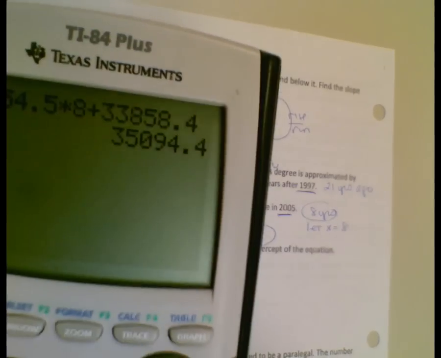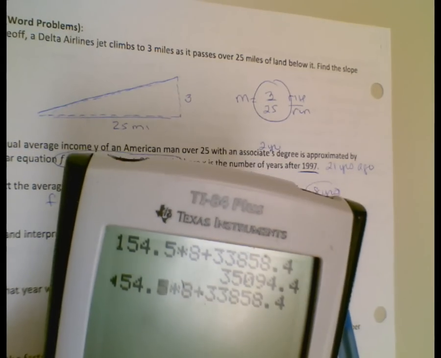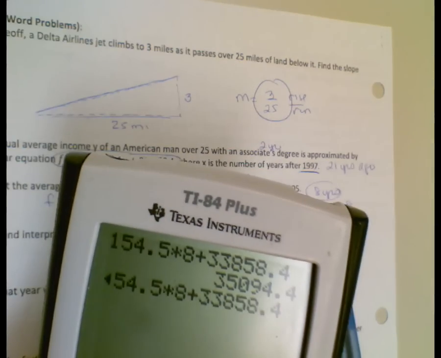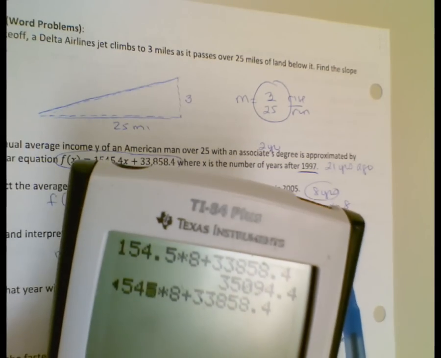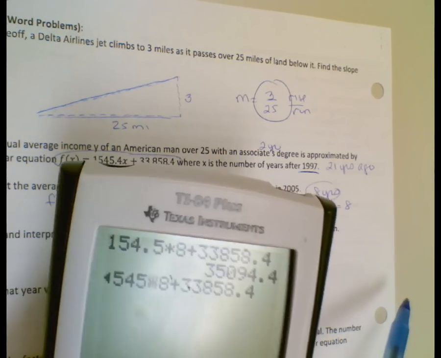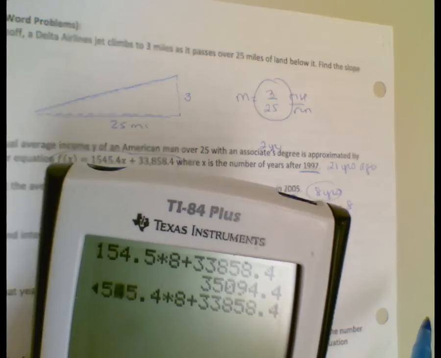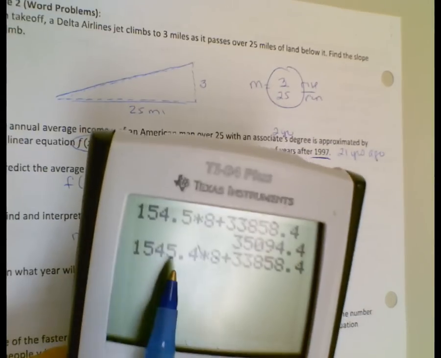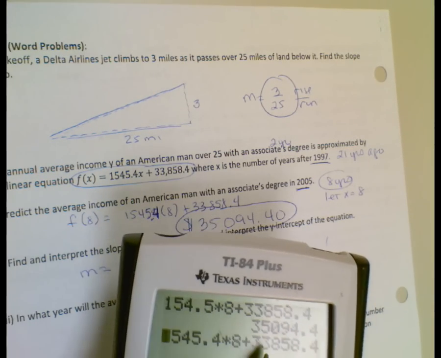So what I'm going to do is press second enter. I'm going to go back. I'm going to delete that decimal here, and insert a decimal. I should have just typed the whole thing in. Let's see if this is right. So we got 1545.4 times 8 plus 33,000.